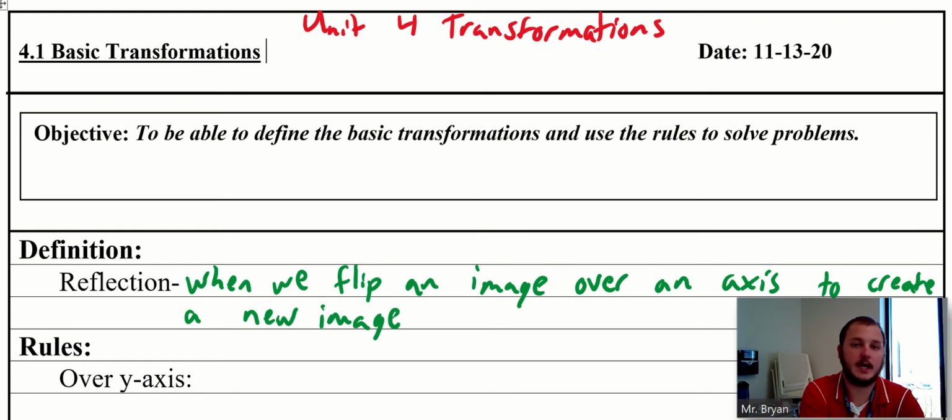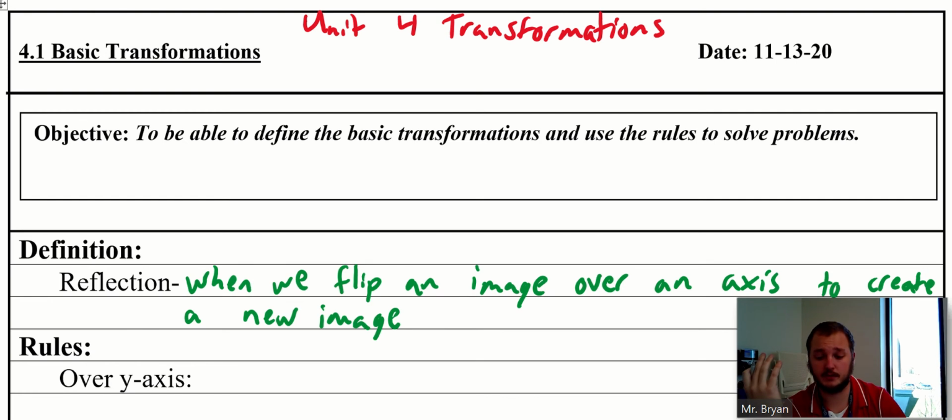We can do this over lines as well, but essentially we're taking some image, so it could be a shape, a triangle, a square, a circle, whatever, and taking a mirror image of it and flipping that over an axis.